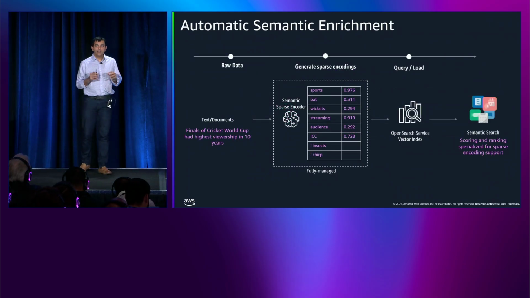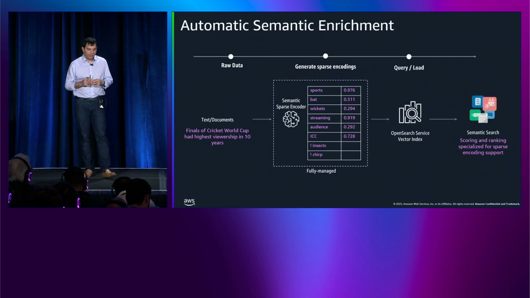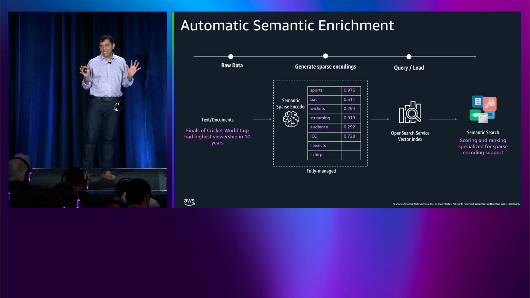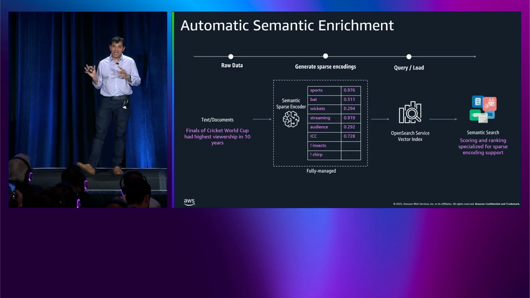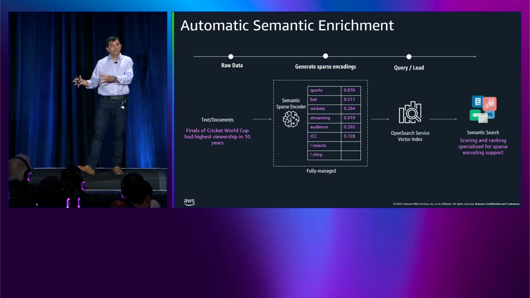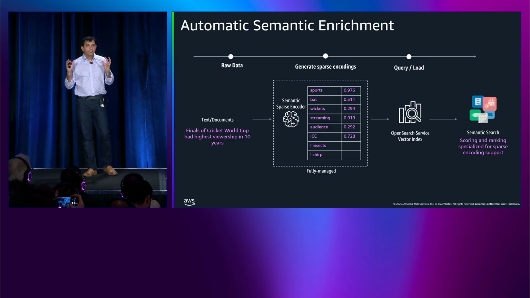Let's dive deep and understand how this semantic enrichment works. So let's say you have a text document. In this case, we have picked the Cricket World Cup, which happened last year, and we have a bunch of documents related to that. During ingestion, when you ingest those documents, we call a machine learning model to expand the vocabulary and generate semantically similar words to what is there in the document, and store that along with your regular data and index.